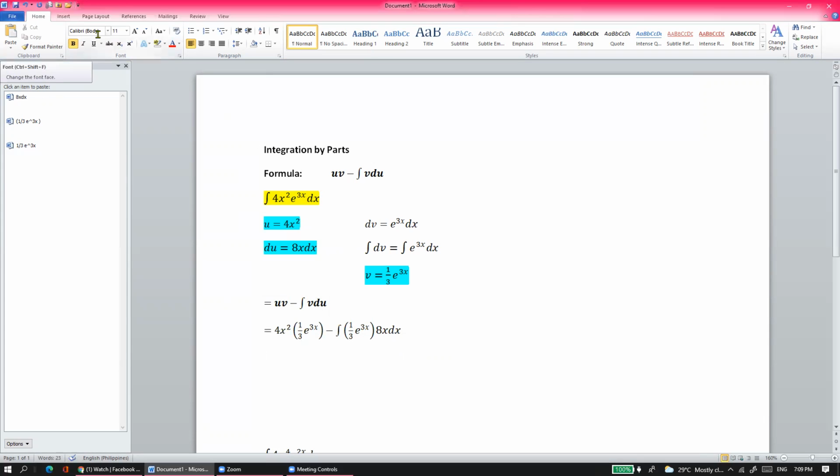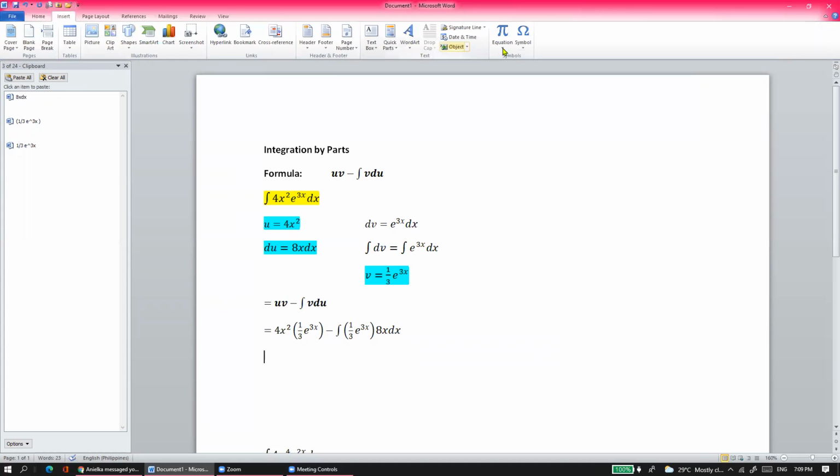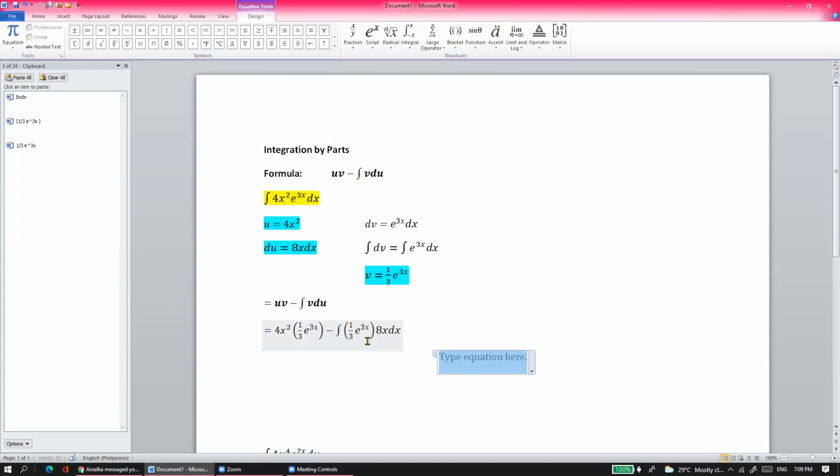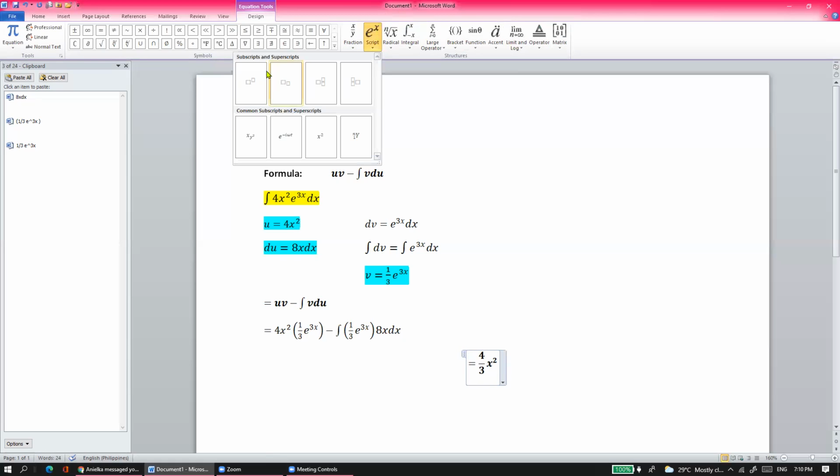So gawin ko muna, insert equation, then equal. So I'll type the solution, 4/3. And then we have x squared e to the 3x.